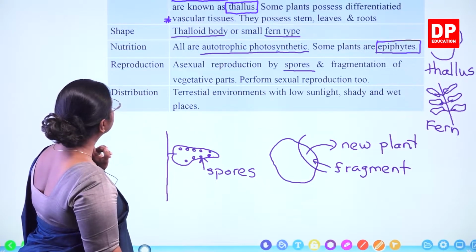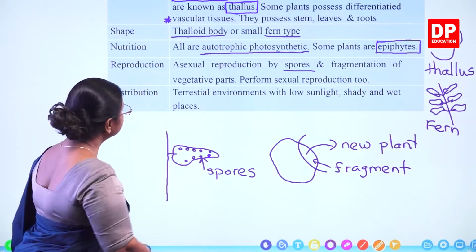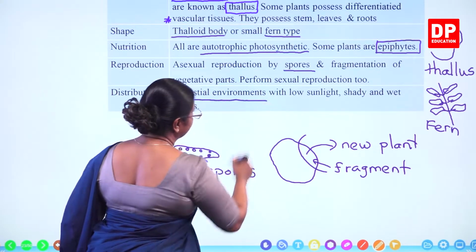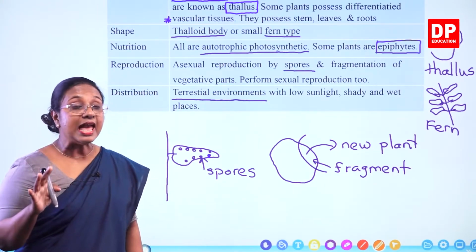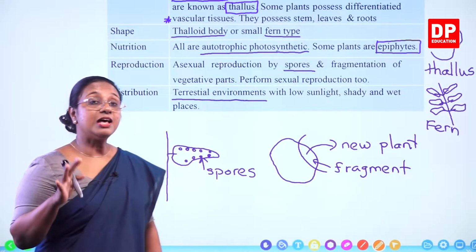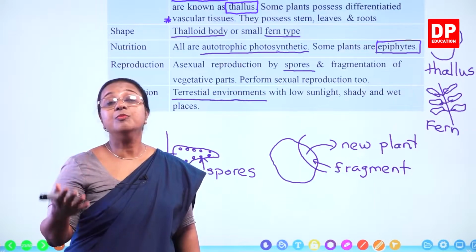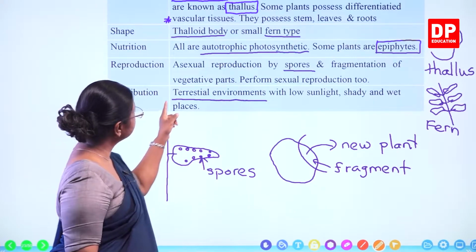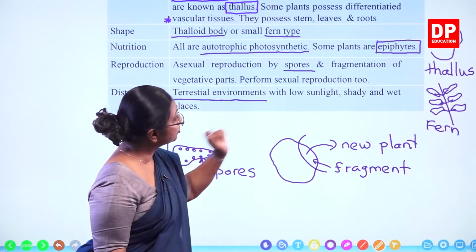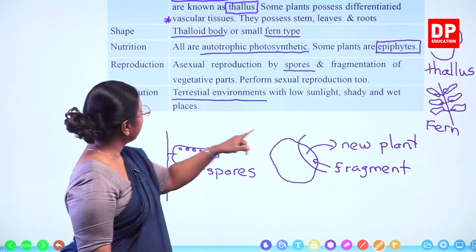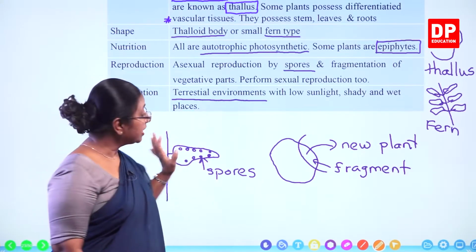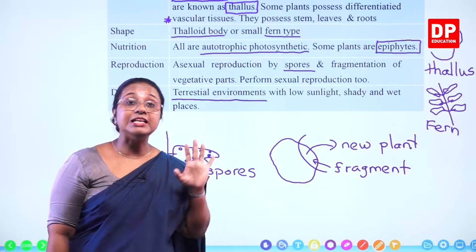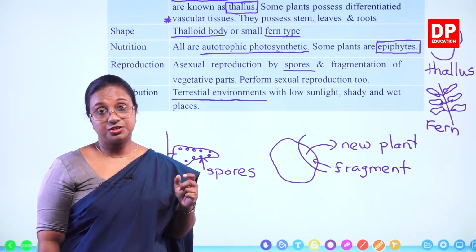Then if we look at the distribution. Now here they are distributed in terrestrial environments, that is land area, but where there is less sunlight and more moisture. So you can see terrestrial environments with low sunlight, shady and wet places, because they don't have a very highly developed tissue structure.